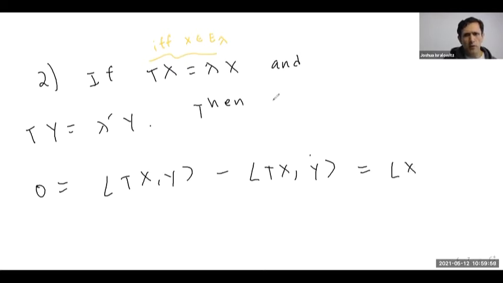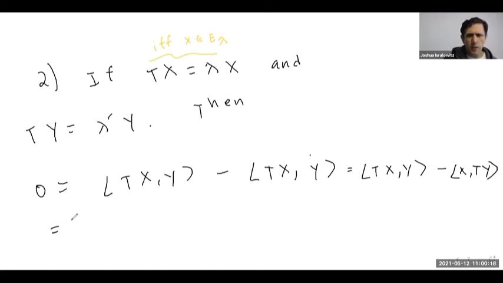Bring the T over for this one. It's <Tx, y> minus <x, Ty>, because T is self-adjoint.